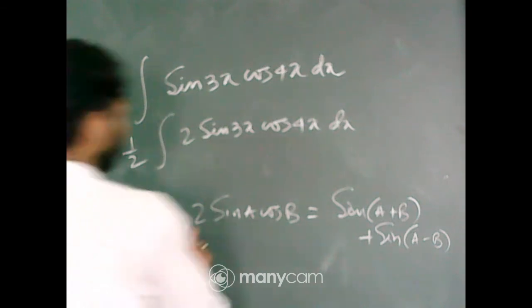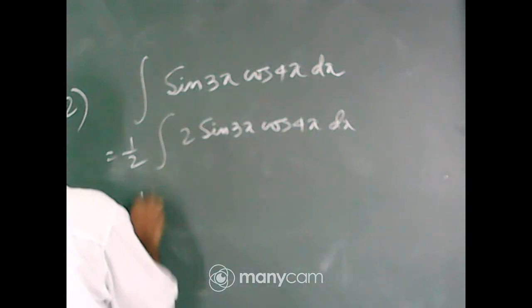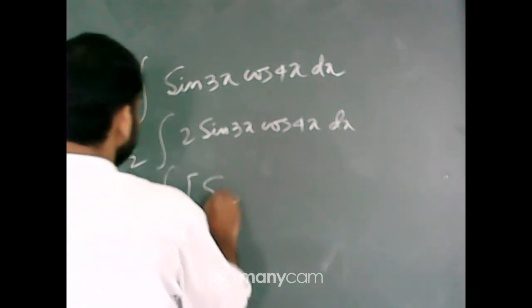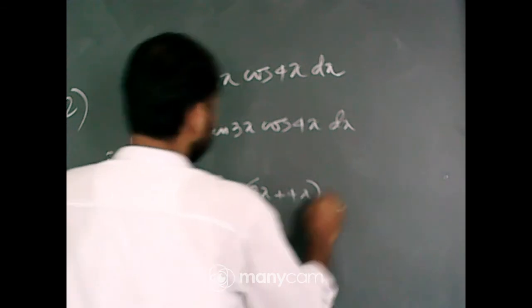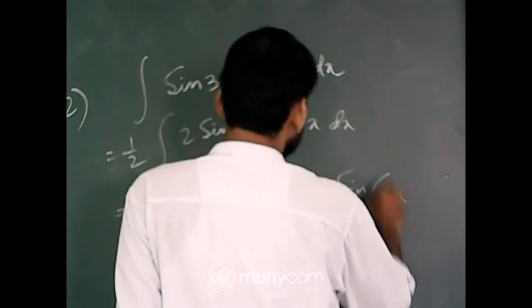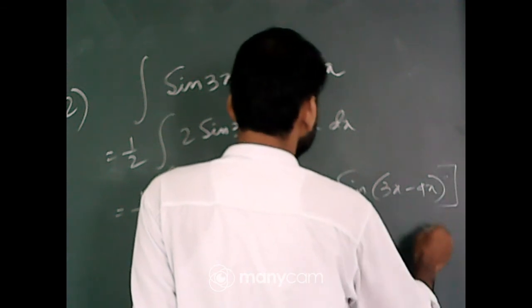So it will be half integration sine a plus b, that means 3x plus 4x, plus sine a minus b, that means 3x minus 4x, dx.